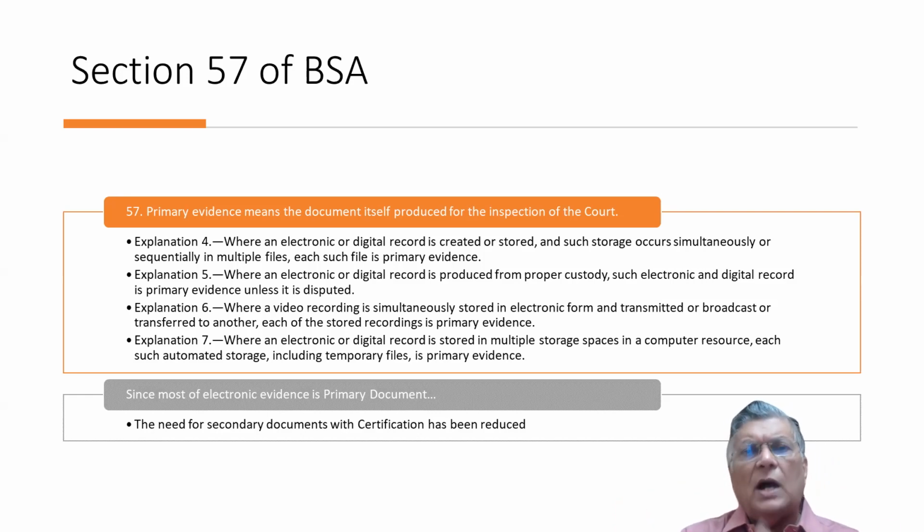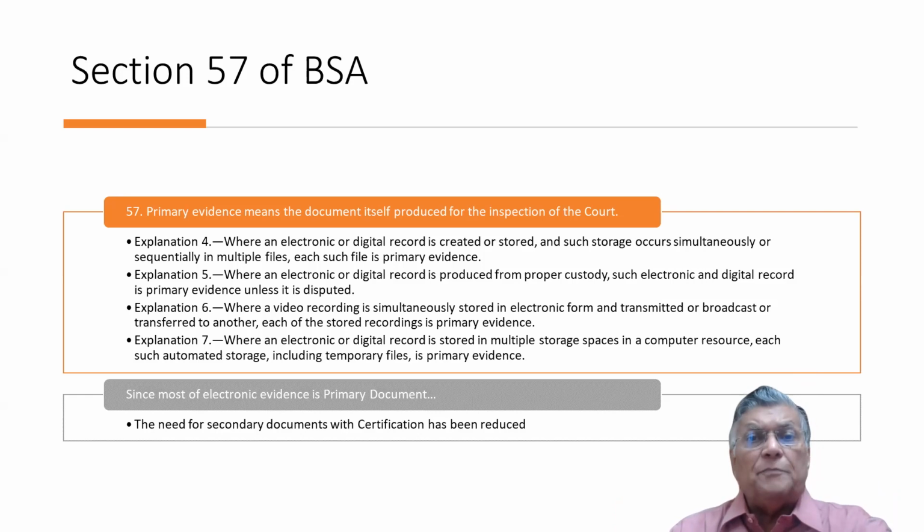And because the Indian Evidence Act talks about a special provision with reference to the admissibility of electronic evidence without referring to the primary or secondary nature, we were clearly of the opinion that this primary and secondary distinction is not applicable to electronic documents.